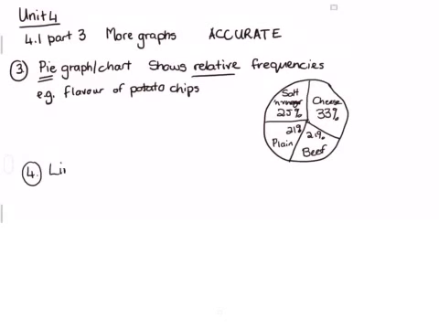Right, the last one we're going to look at is called a line graph. And that is usually when you've got 2 sets of data, and you want to see the connections between them.